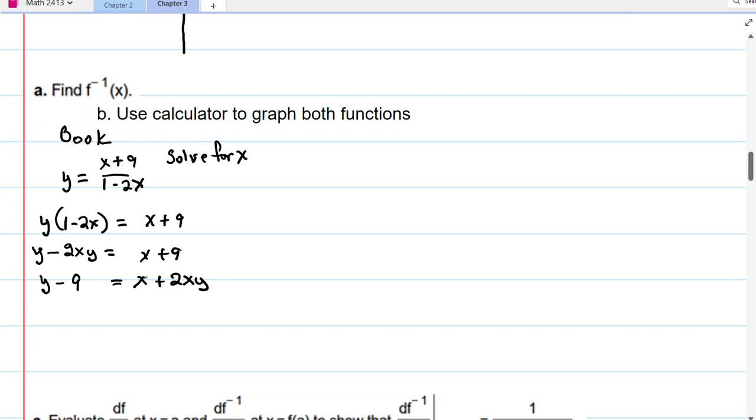Okay, so now I'm going to factor out an x, because I'm solving for x. 1 plus 2y. Sorry about that. All right, so now I'm going to divide both sides by that 1 plus 2y. So I'll have x.